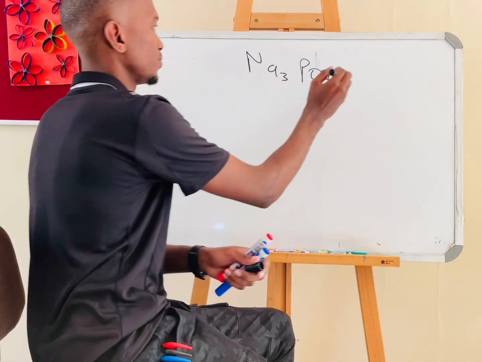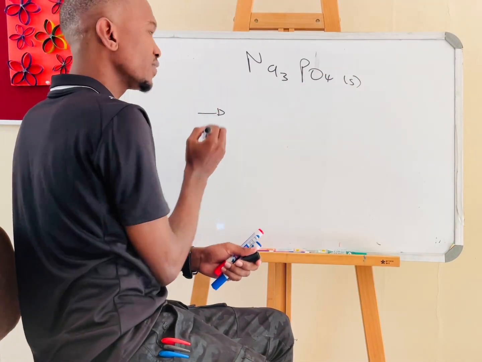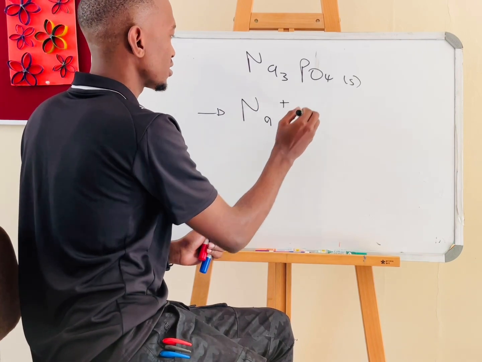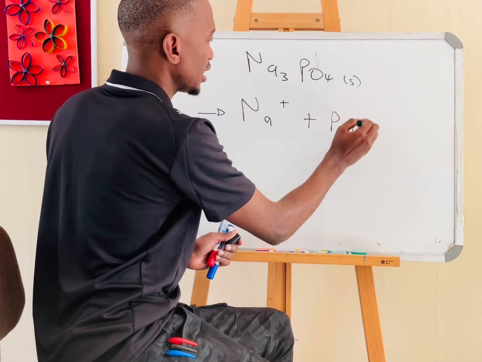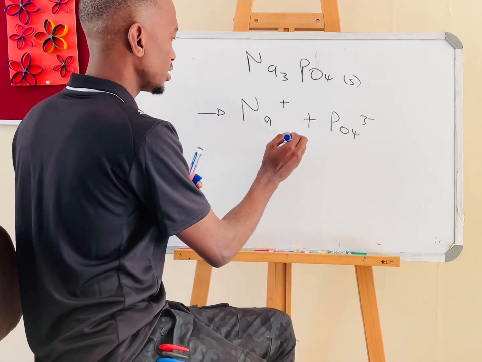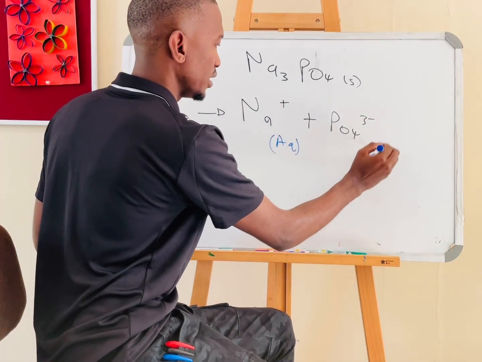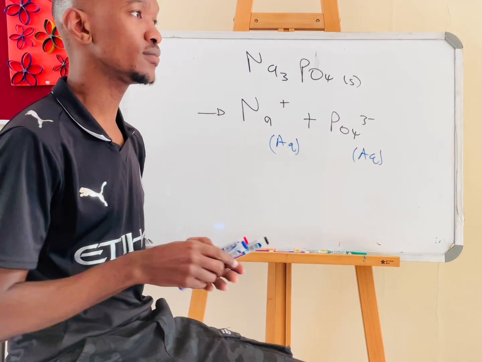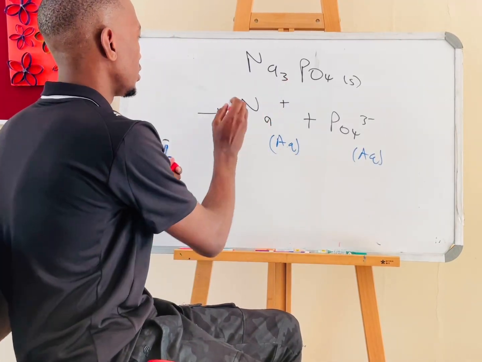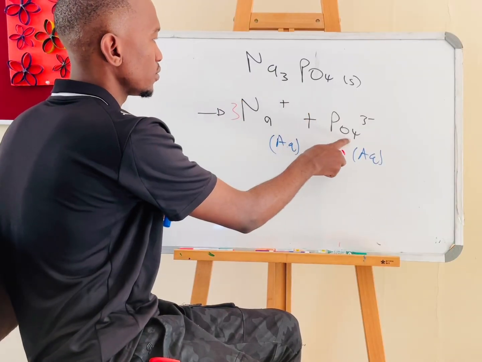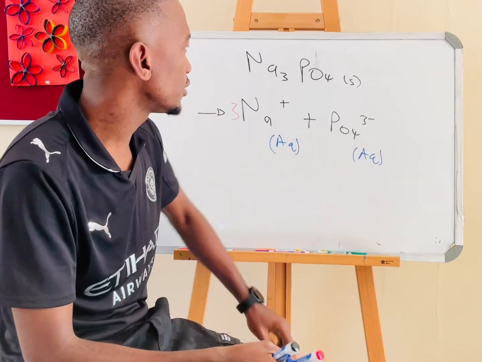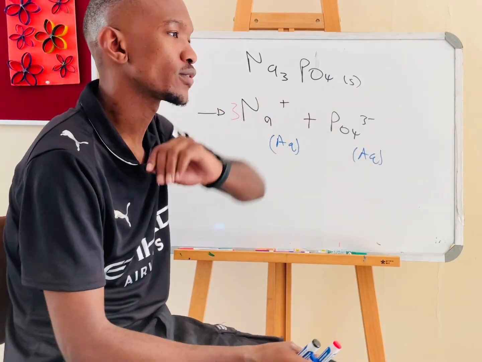How can you do this one? Dissolve it in water. It's going to give you sodium ion plus phosphate ion. You put it in aqueous, of course, because they were able to produce ions in a solution. And then now you can balance. You have 3, so I'm going to put 3. I have 1. Everything is the same. So it's a balanced equation of the dissociation of sodium phosphate.